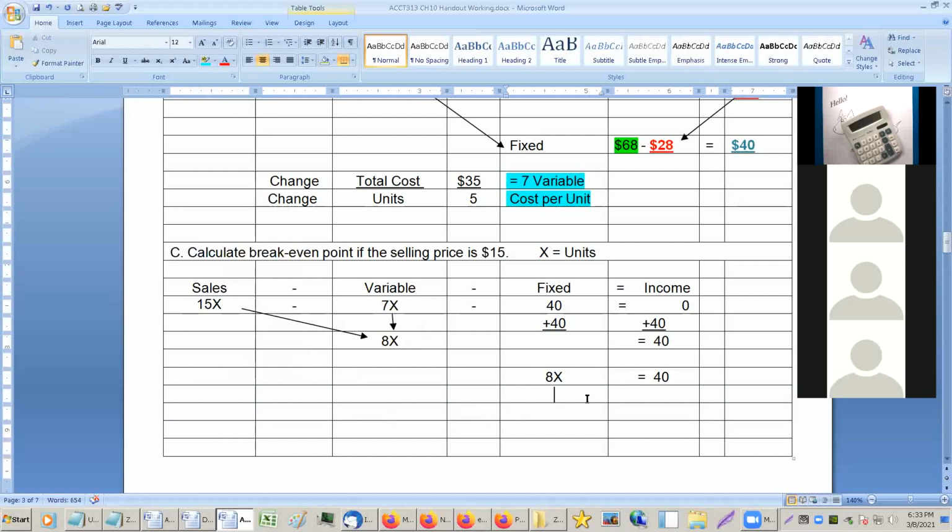Okay, so divide both sides by 8. So x equals 5 units.